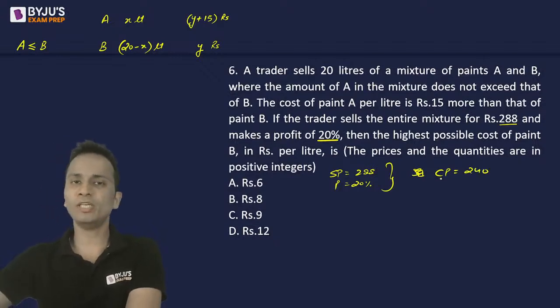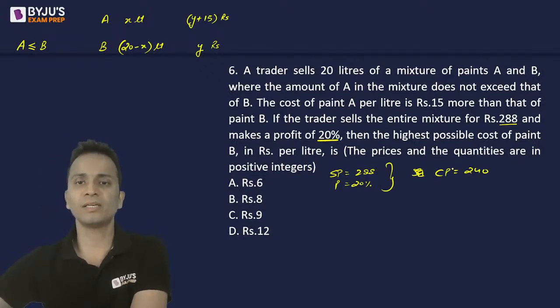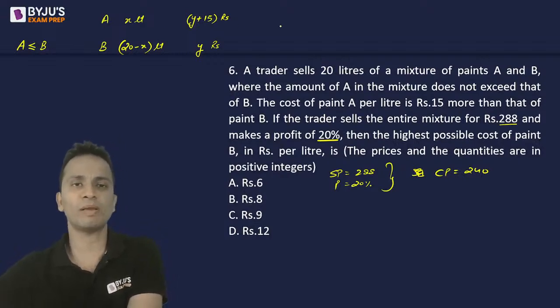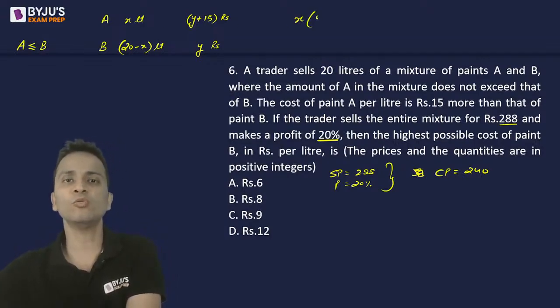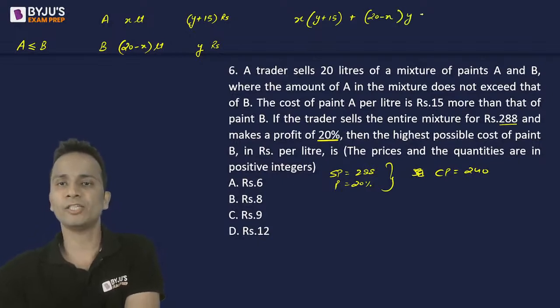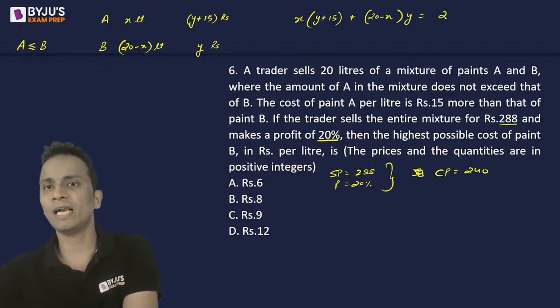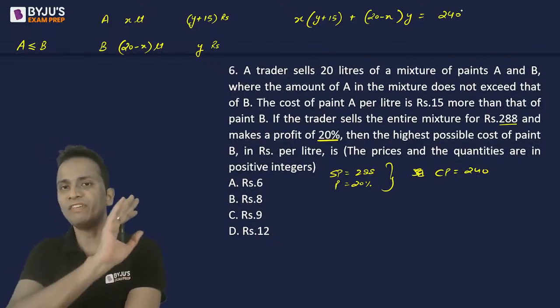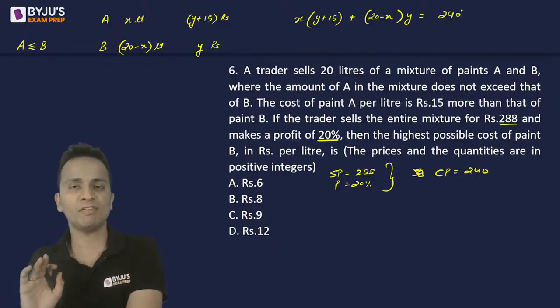So X liters, which is sold at Y plus 15, so X into Y plus 15 plus 20 minus X into Y should be equal to the total money, that is 240. A very simple equation I have made.